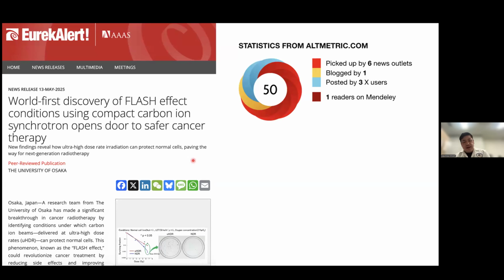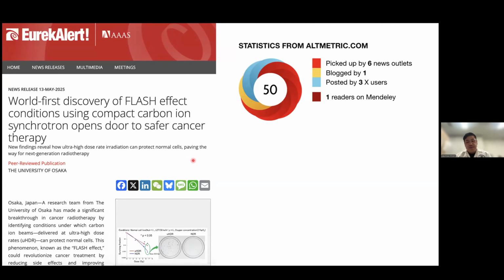In addition to the flash effect, I'm also actively engaged in studies on bone biology and cancer prevention, including investigation into the anti-cancer effect of substances produced in the brain.